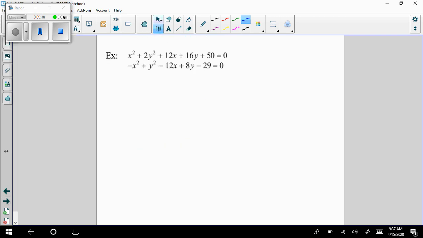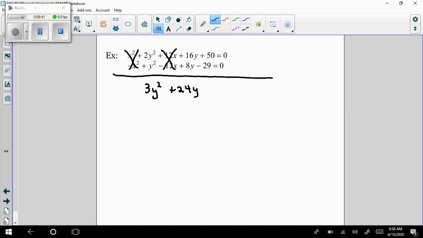All right, so as always, they start looking a little more complicated, but if you look close, they're really not. So I can see that if I add these two together, my x squareds go away, and my single variable x goes away, and all I'm left with is y's. So if I add, I get 3y squared plus 24y plus 21 equals 0.